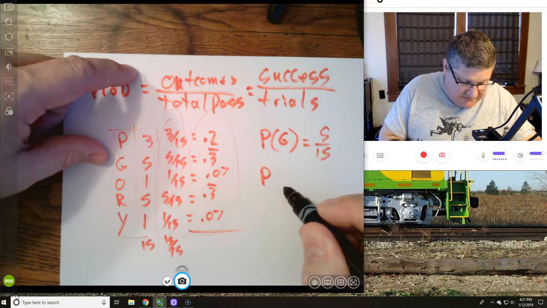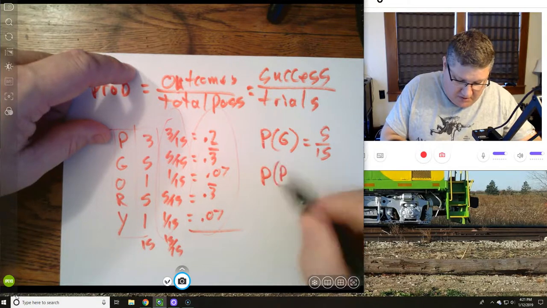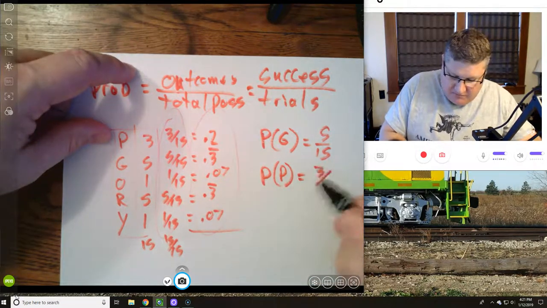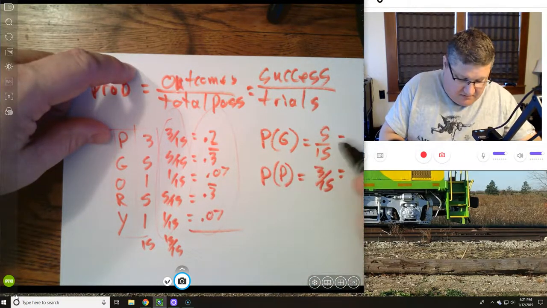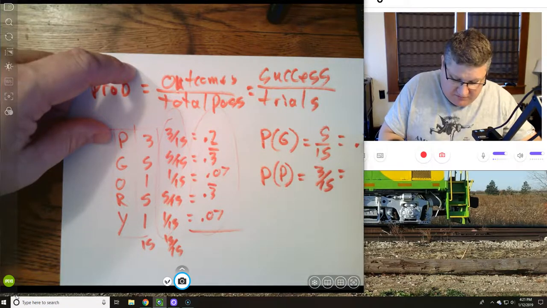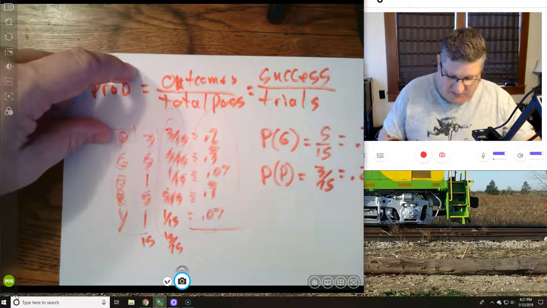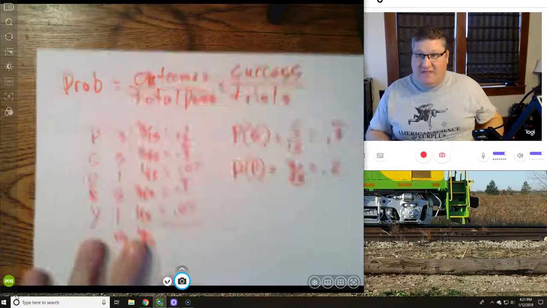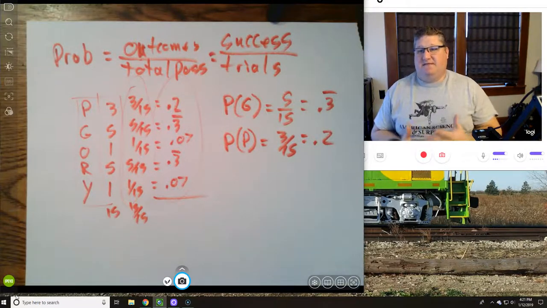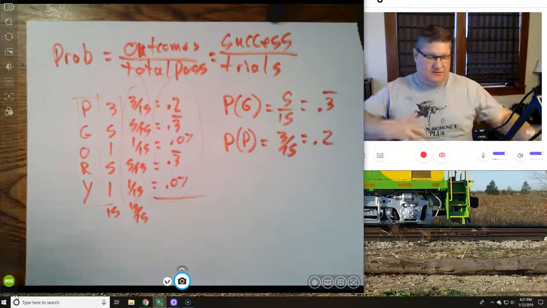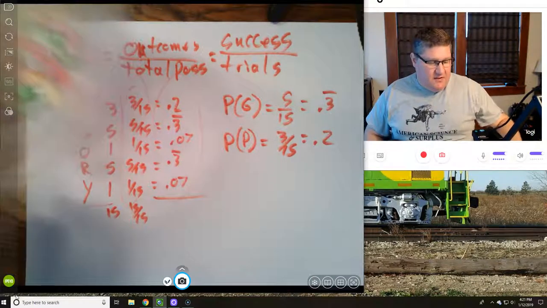Probability of purple, 3 out of 15. So we'd have a 0.3 repeating and a 0.2. Now, that's using just the math to find the probabilities, that classical or theoretical probability.